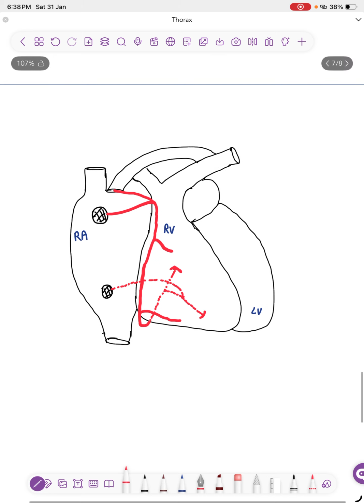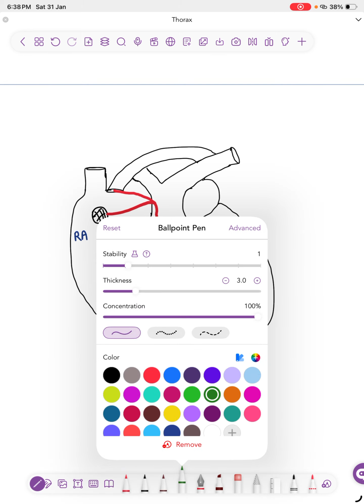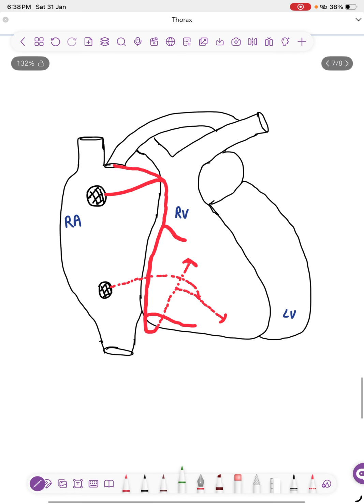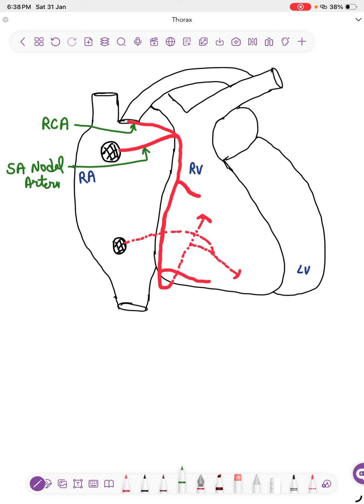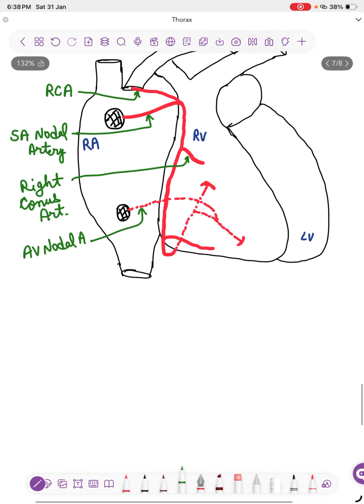Okay, so first let's mark them so that we can easily understand the left coronary. This is the right coronary artery. This is SA nodal artery. This is right conus artery. This is AV nodal artery. Wait a minute, let me extend it a little bit.